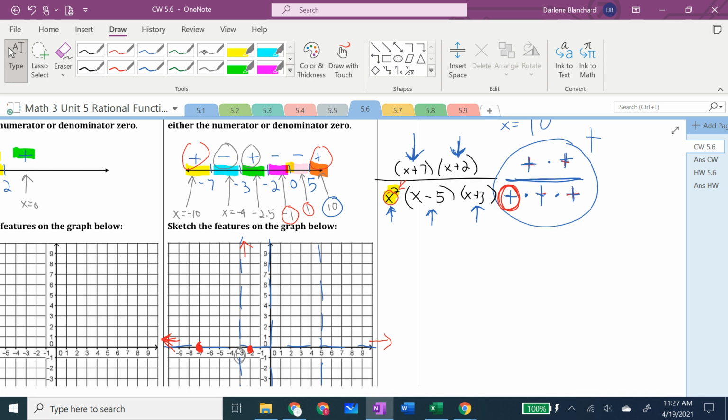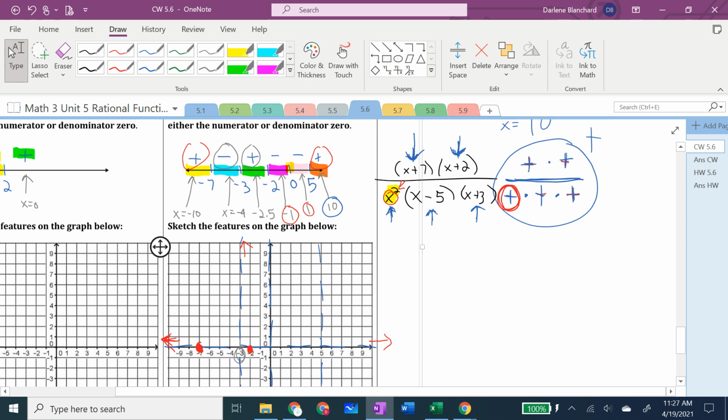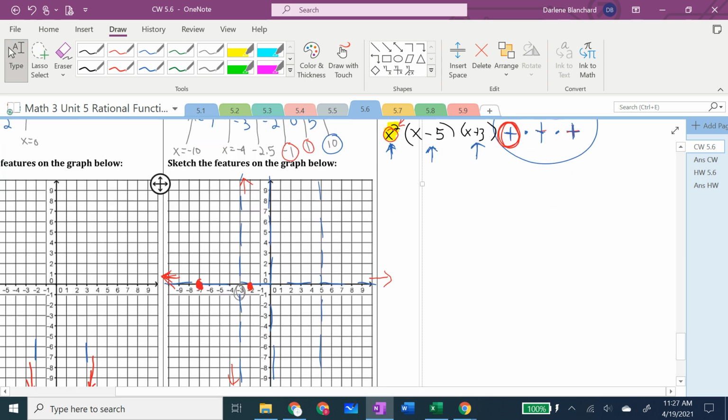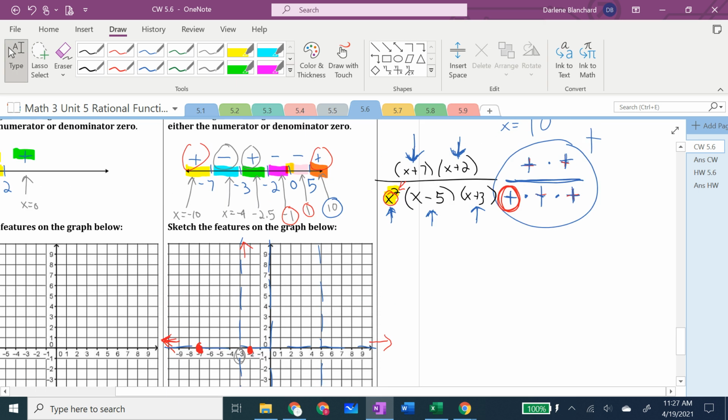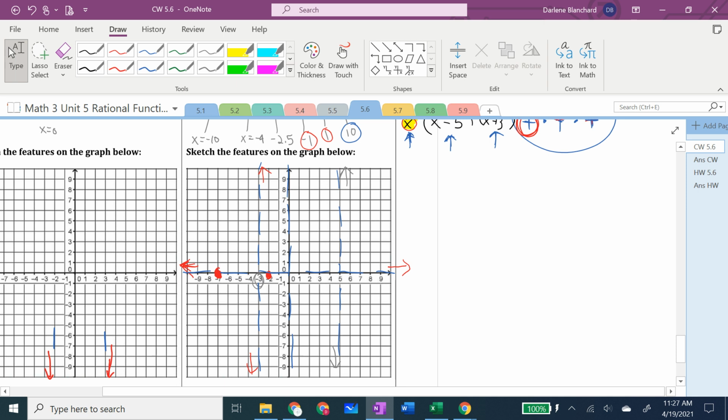With 5, I am negative on the left side. I am positive on the right side of 5. And so I have now identified 2 sides for each asymptote.